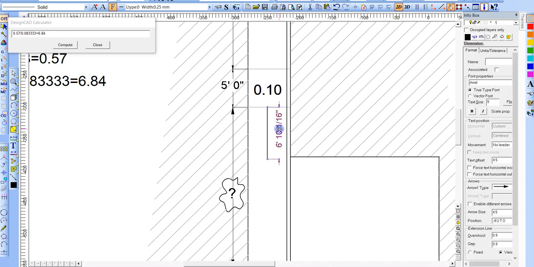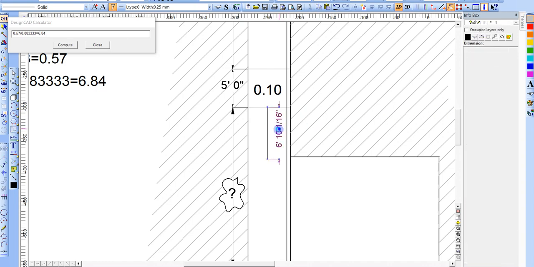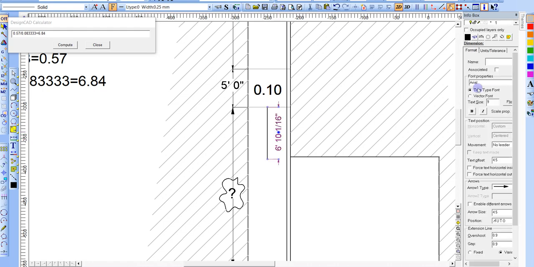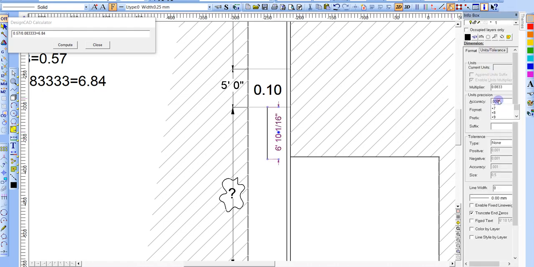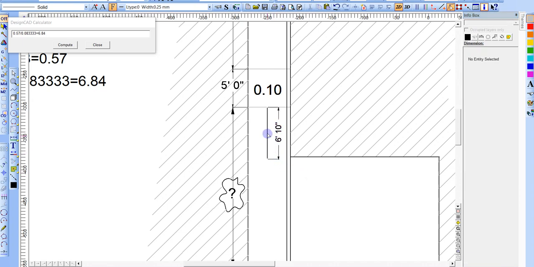Yeah, I don't know why that's so. Change that. So some things you want down to the 16th. This isn't probably one of them. So let's go here, associate, and change that to this. That'll get you within an eighth. So 6'10", and then V.